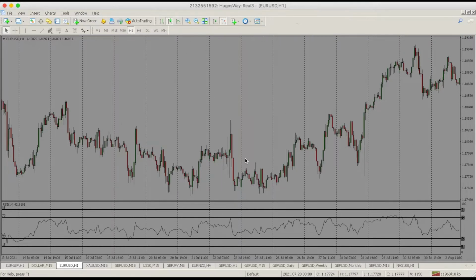We have 85 as the high of the range on the RSI, 15 as the low, and then below that I use 70, and above that I use 30.